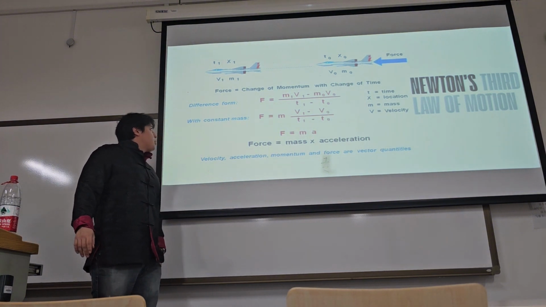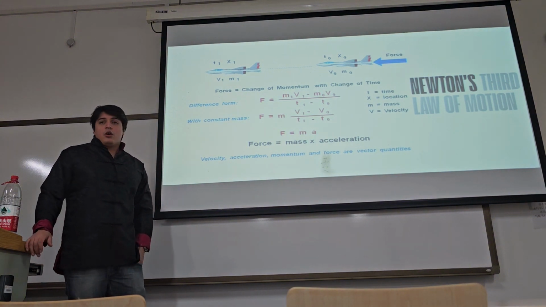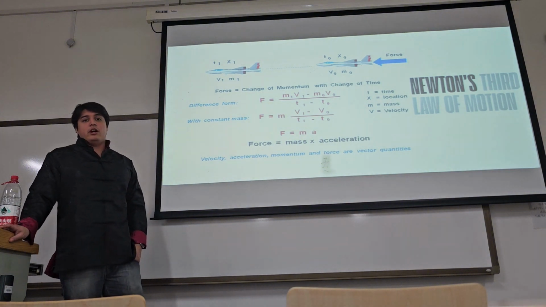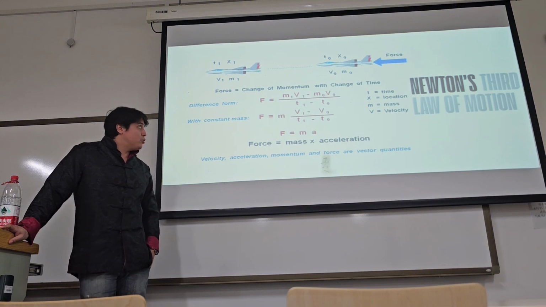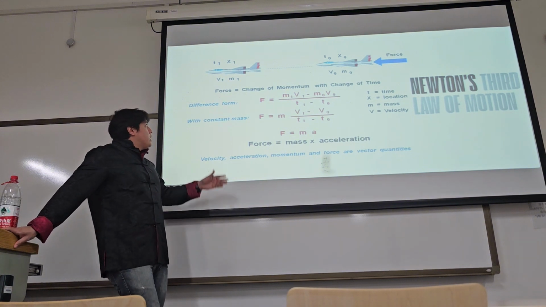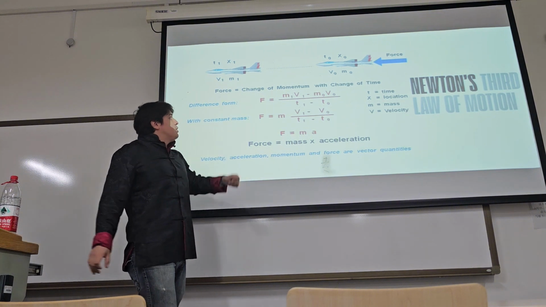In this case, we can simplify the equation since we know for sure that our airplane is not going to suddenly change in mass. Its mass is always going to be the same. So we can use the equation with a constant mass.